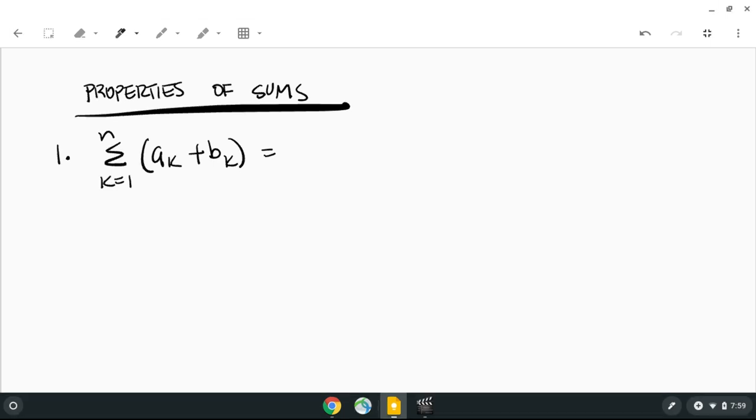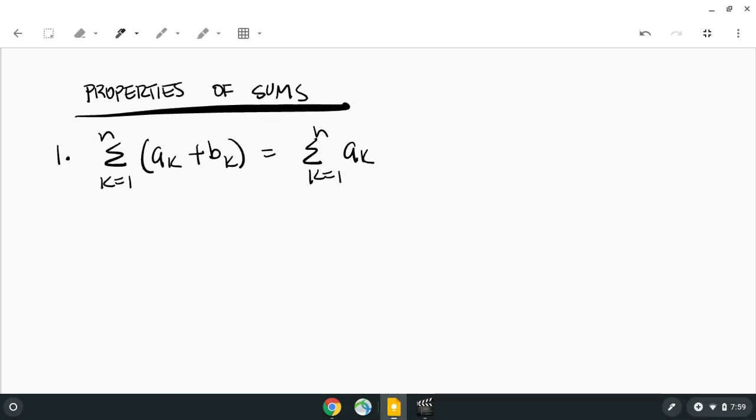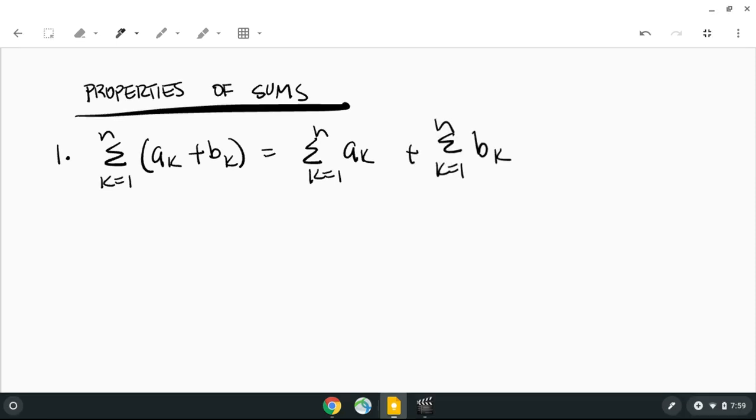You can do this one first, get your answer, and then do this one second, get your answer, and add those two answers up.